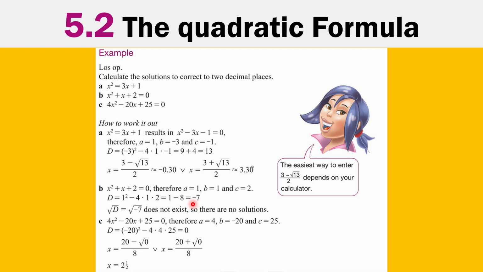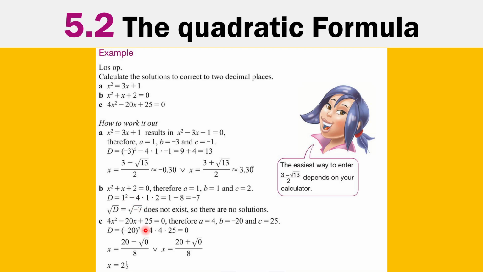And that's quite a pickle, because that means that d is minus 7, and if I want to calculate the square root of d, I have to calculate a negative square root. Uh-oh, you cannot do that, so it does not exist. So apparently, this equation does not have any solutions at all.